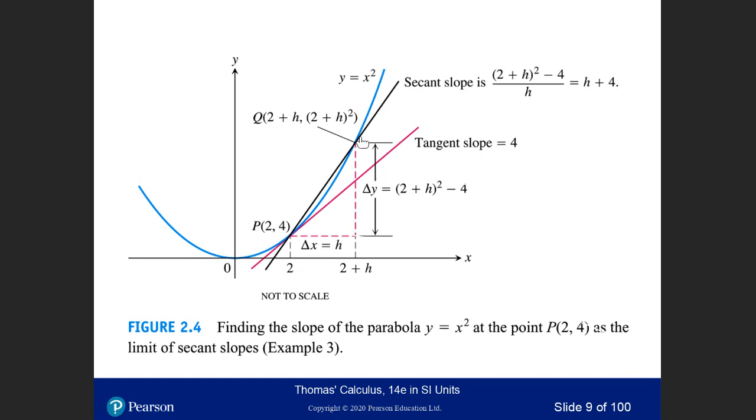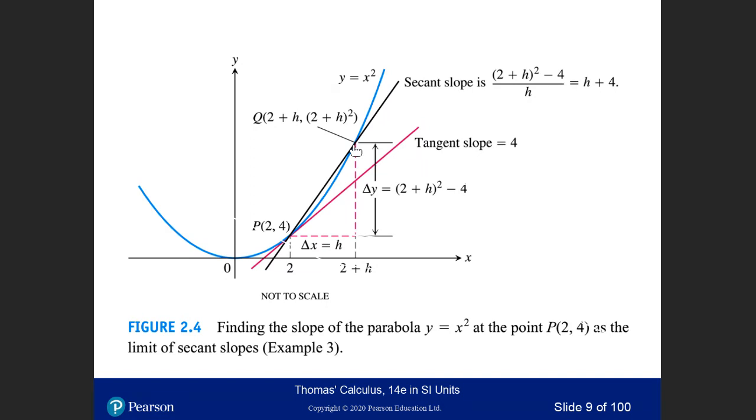Now, this is the secant line. Now you are moving this point towards P, and you go like this, and at the end you have the tangent line here. When h is 0, the tangent line has slope 4. Okay, what does this represent? The secant line here represents the average rate of change of the function between these points.